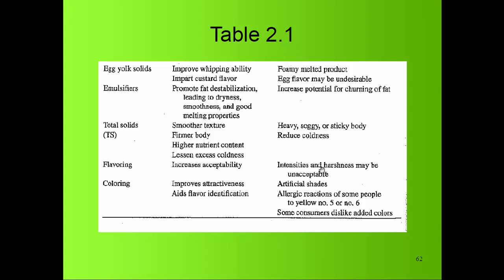So adding vanilla to our ice cream makes it taste much better than if there was no vanilla. And with coloring, you have to be careful because some people are allergic to certain colors, and it can give you a fake shade. For instance, some people hate when pistachio ice cream is green because it's clearly artificial coloring, and some people can actually taste that coloring.